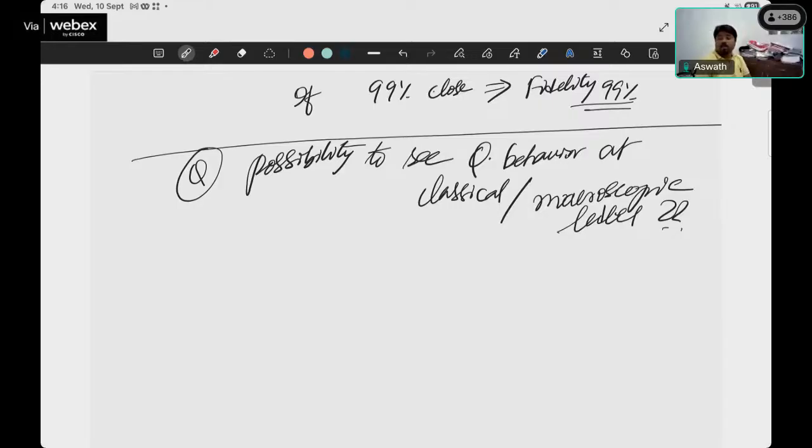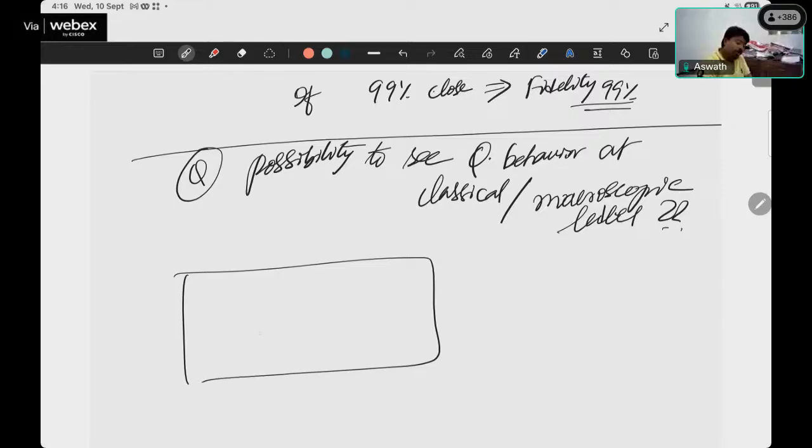In the Schrodinger cat experiment, the cat is dead or alive, it is in superposition, because there is a poison. There is a cat, and there is a poison in a container.